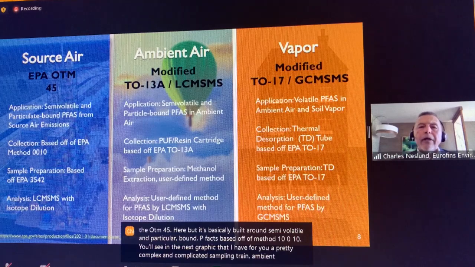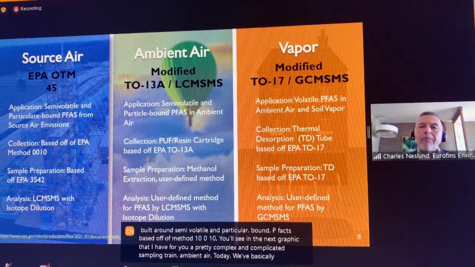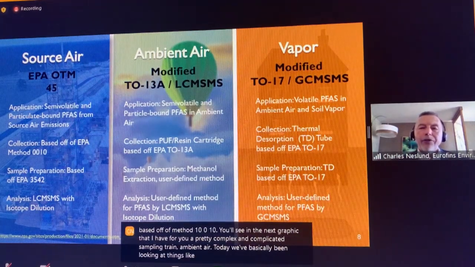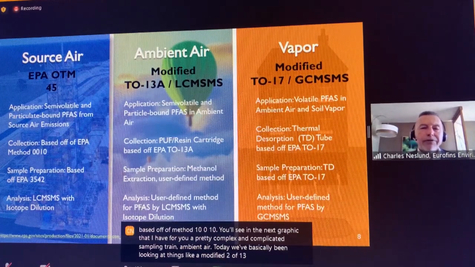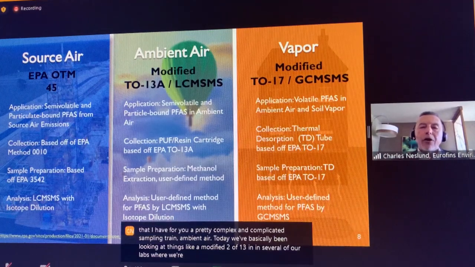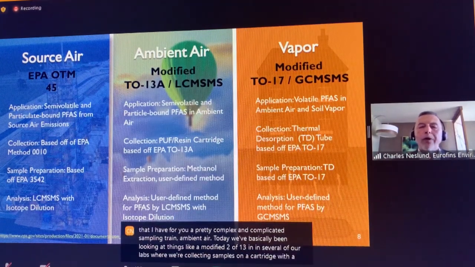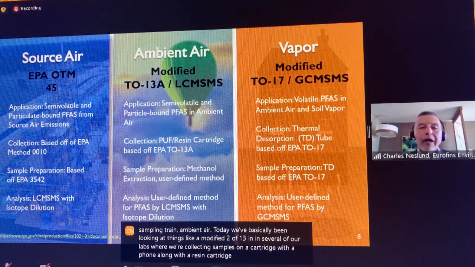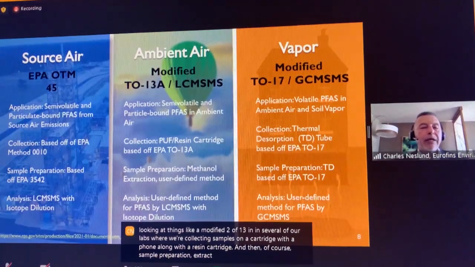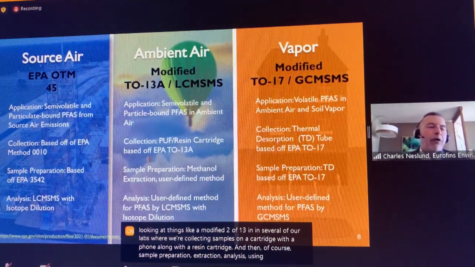Ambient air, to date, we've basically been looking at things like a modified TO-13 in several of our labs, where we're collecting samples on a PUF cartridge with a PUF foam along with a resin cartridge, and then of course sample preparation, extraction, and analysis using LC-MS/MS, as with the OTM 45.